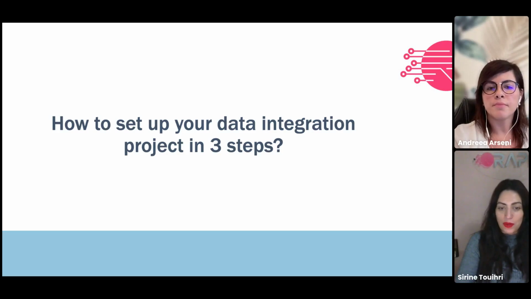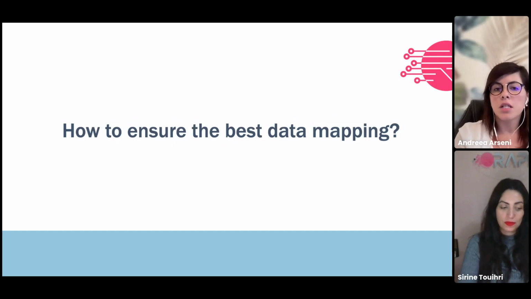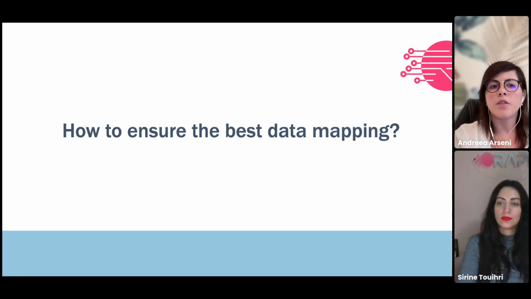Okay, thank you, Andrea. Next question is, how can we ensure the best data mapping? Yeah, so I think here it's important to know how your data is structured in both systems. If you have anything special in, let's say, HubSpot, if you have any special workflows or any automation that's only in HubSpot, then you have to mention that so that we are aware of it and we can tell you if that can impact your integration or not.